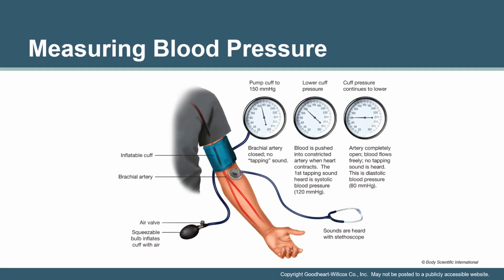You're going to watch the gauge as you're listening to what's happening to the pulse in the brachial artery. With inflation of the blood pressure cuff in that area, you're going to be watching the numbers. So again, there's a high level of multitasking here when we're looking at this.